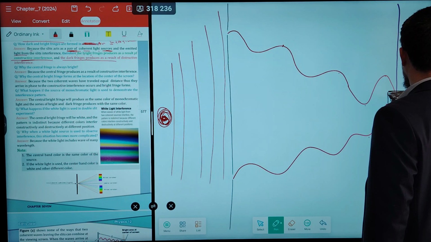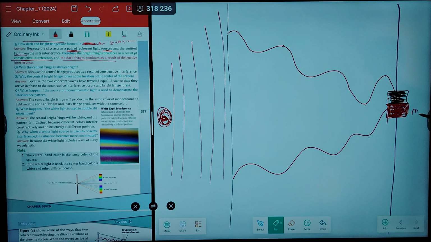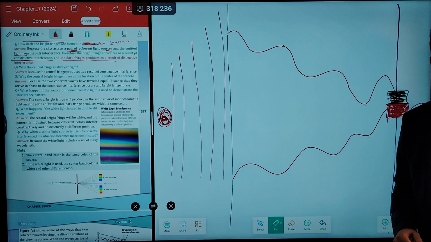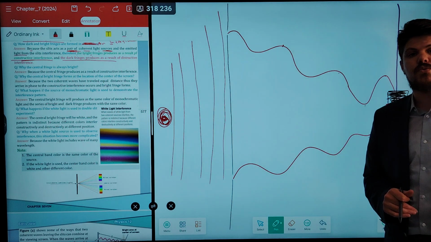Why? Now I'm going to explain. This one is called m equals 0. Why? Because it is located exactly at the center of the screen. This is the central maximum, or the central bright fringe. We cannot say first bright. This is not first. This is the central bright fringe.